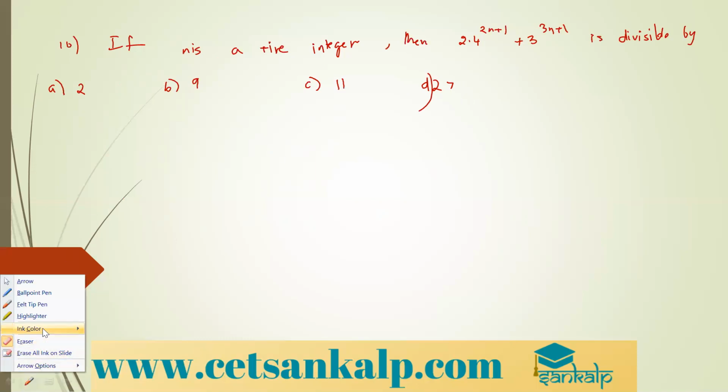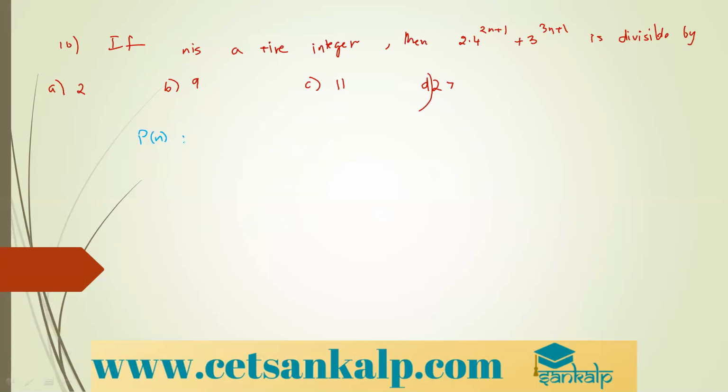Okay, to prove this, I will take P of n as 2 into 4 power 2n plus 1 plus 3 power 3n plus 1. I'll put n equal to 1. Then I will have 2 into 4 cube plus 3 power 4.